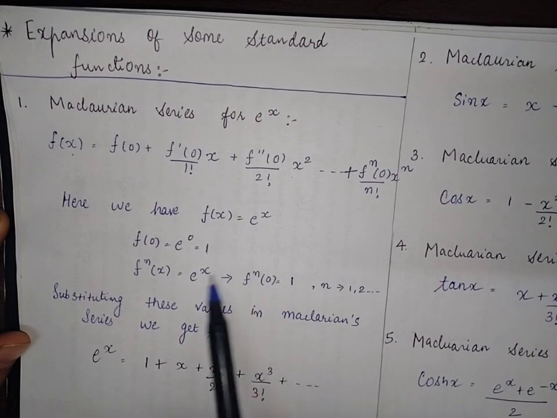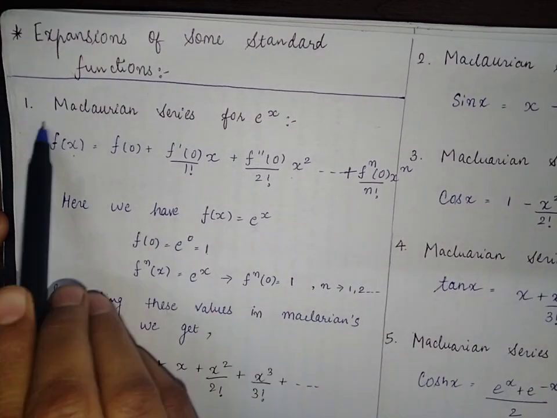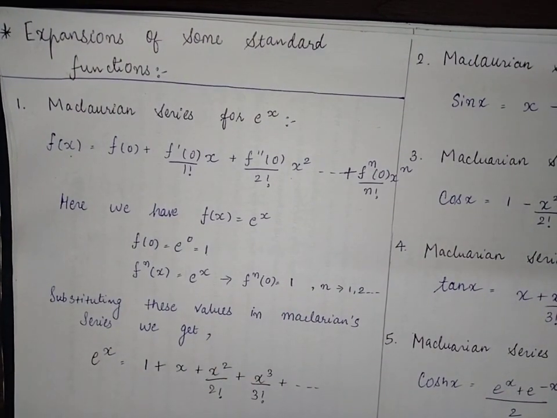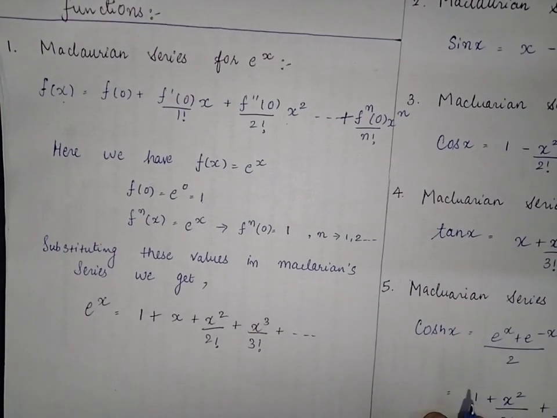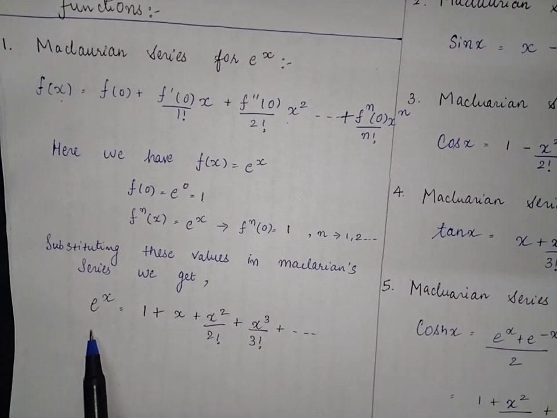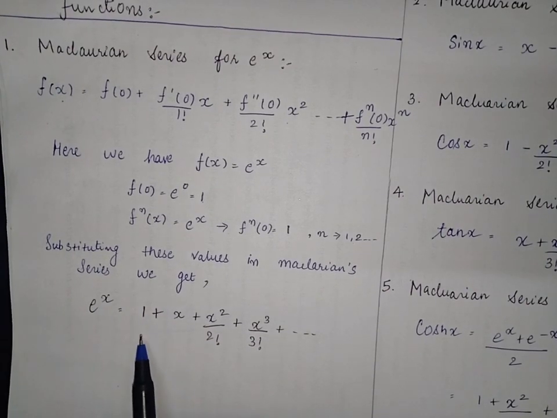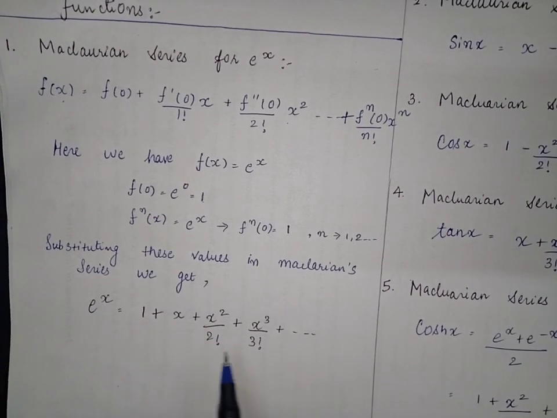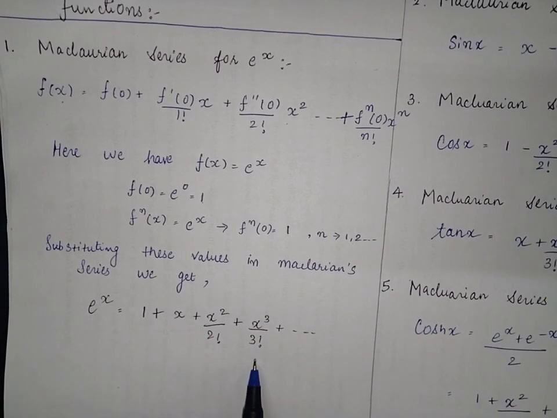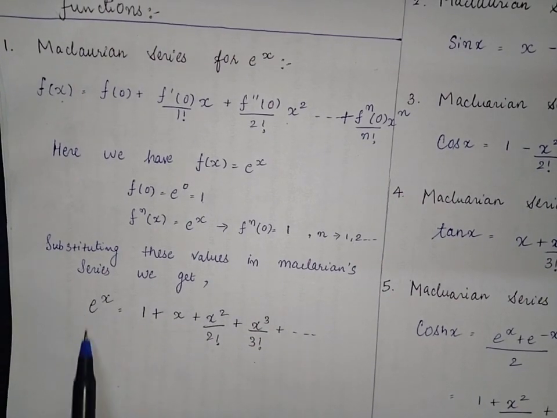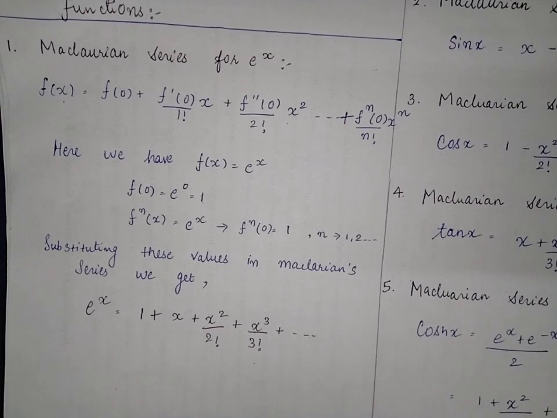If we put all these values in the standard formula of Maclaurin series, then we will get the Maclaurin series for e raised to x. So e raised to x is equal to 1 plus x plus x square by 2 factorial plus x cube by 3 factorial. So you have to remember that the Maclaurin series for e raised to x is 1 plus x plus x square by 2 factorial plus x cube by 3 factorial and so on.